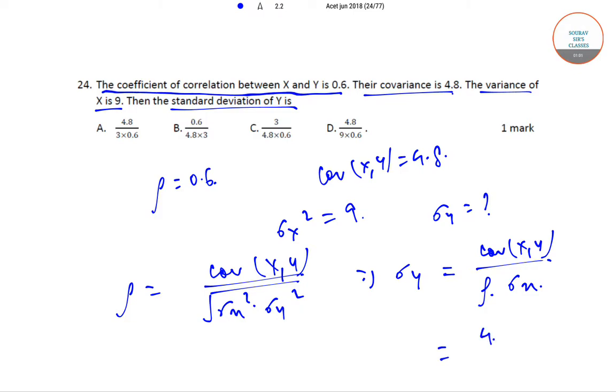So this is 4.8 by 0.3. Now since sigma x squared is equal to 9, so we get sigma x to be 3, into 3 (0.6 into 3). So the correct option is option A.